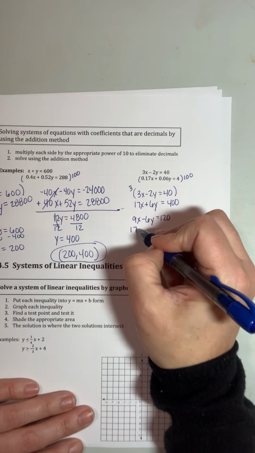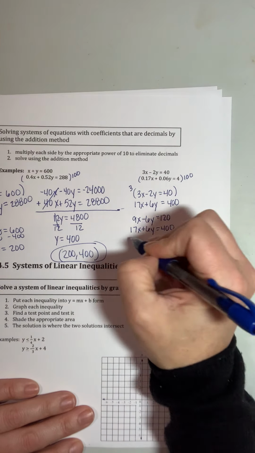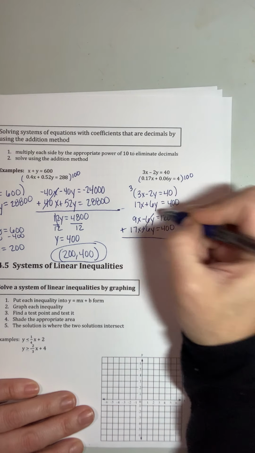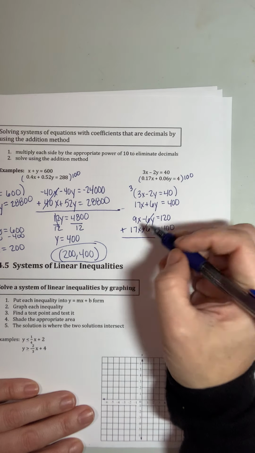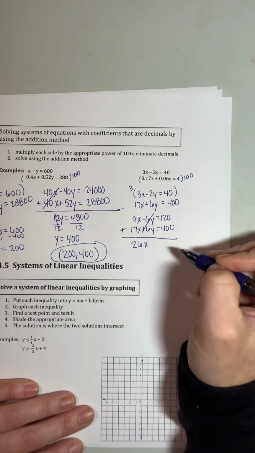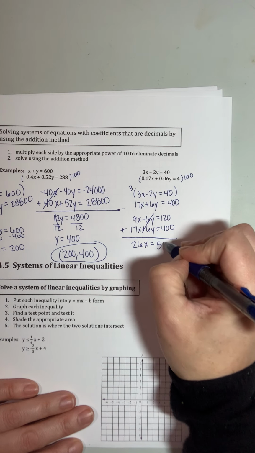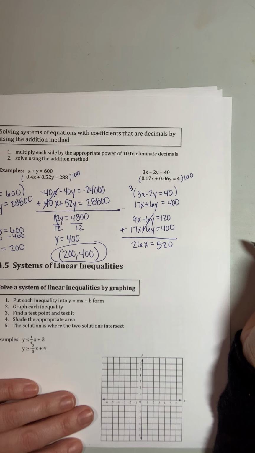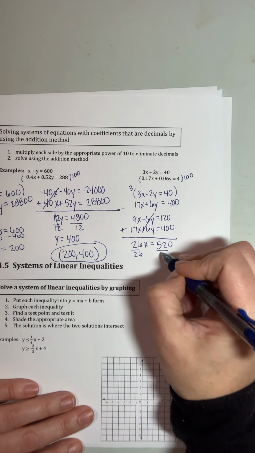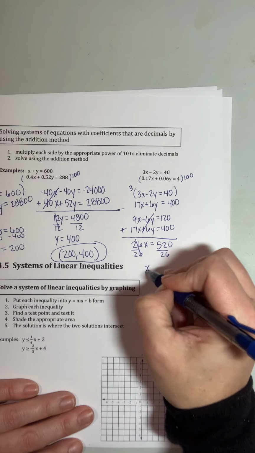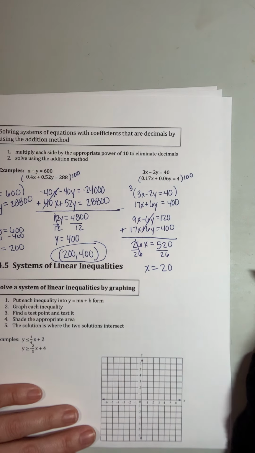Keep the 17x plus 6y equals 400. Those two cancel. 17 plus 9 is 26x. 120 plus 400 is 520. Divide both sides by 26. And 520 divided by 26, if you do the work, is 20.